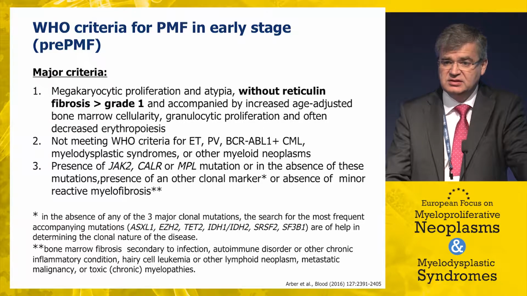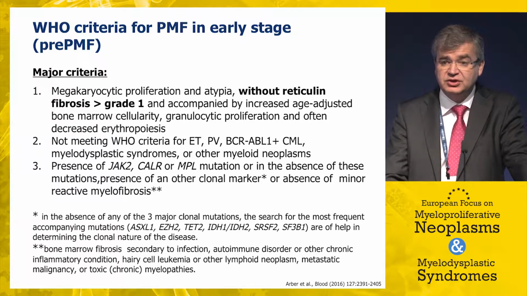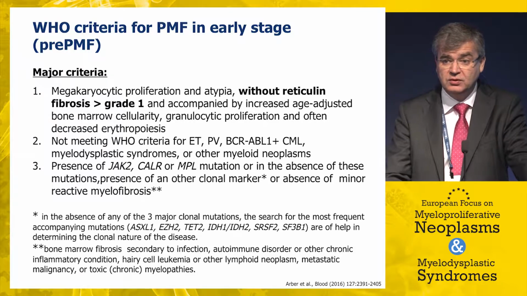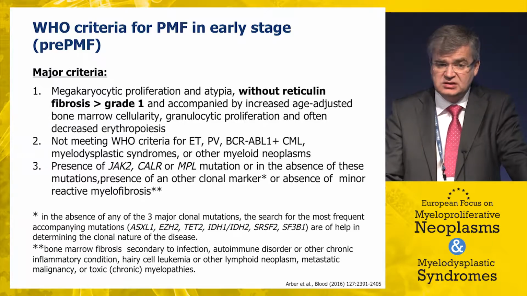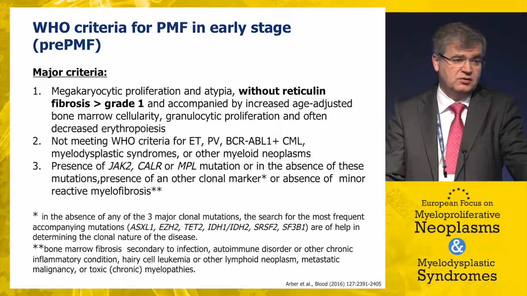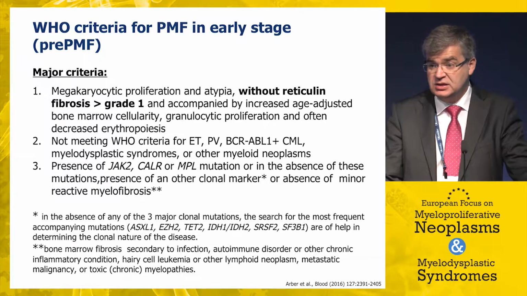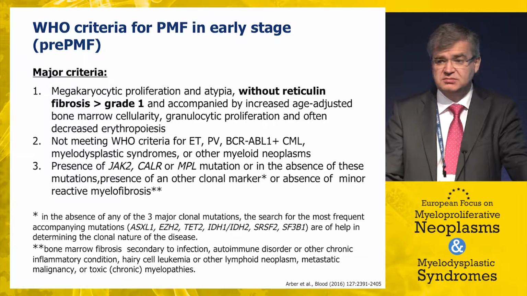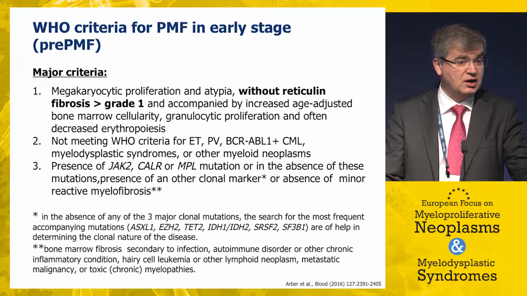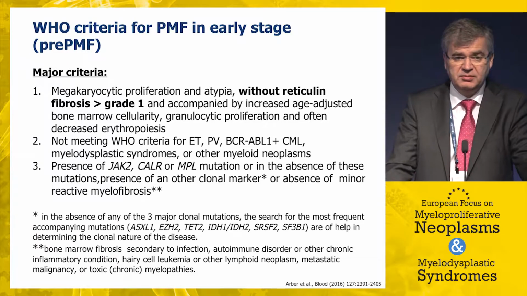It is a disease stage which has no significant myelofibrosis, that means without reticulin fibrosis of more than grade 1 according to the WHO definition. It is a disease which does not meet the criteria for the other MPN subtypes like ET or PV. In particular, it's not BCR-ABL positive. And it should have one of the driver mutations. That means it should be JAK positive or calreticulin positive or MPL positive.